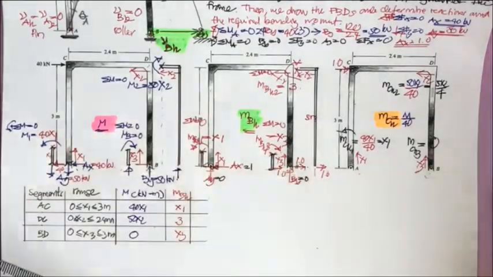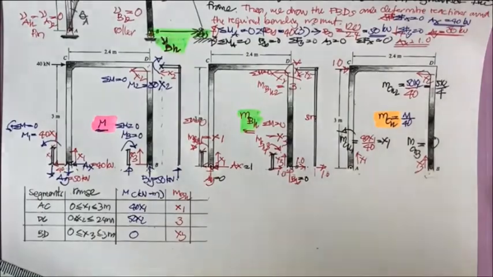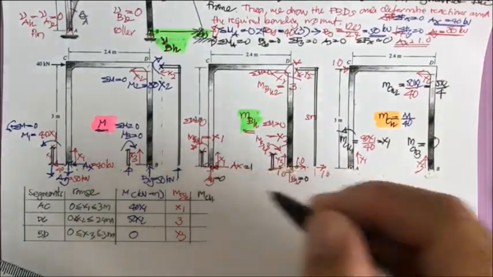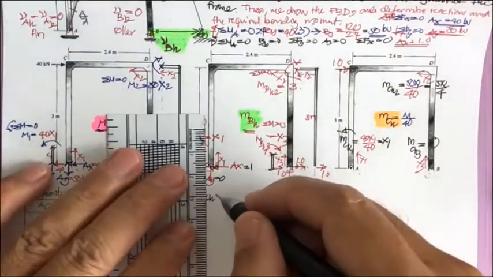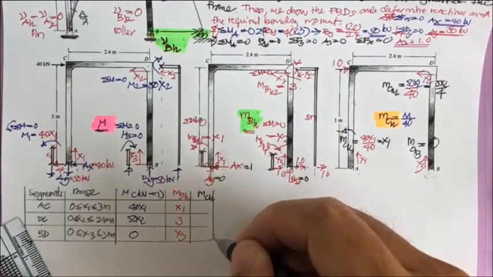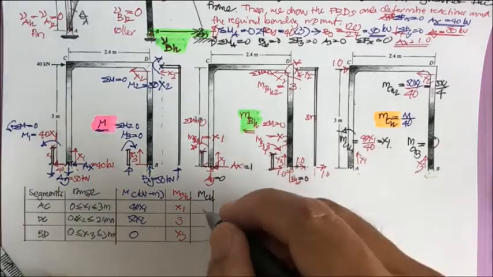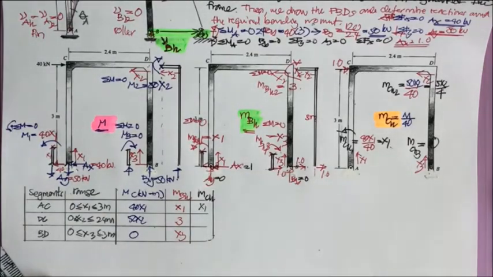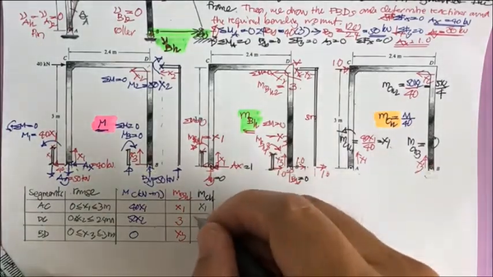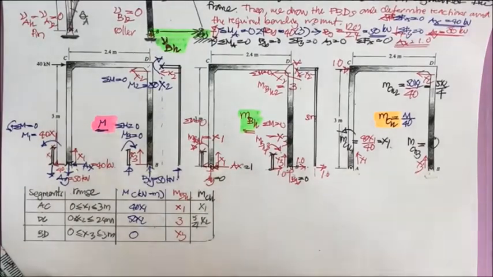And the last one you may have is m sub CH: this is x1, and this is going to be 5 over 4 x2, and the last one is 0.